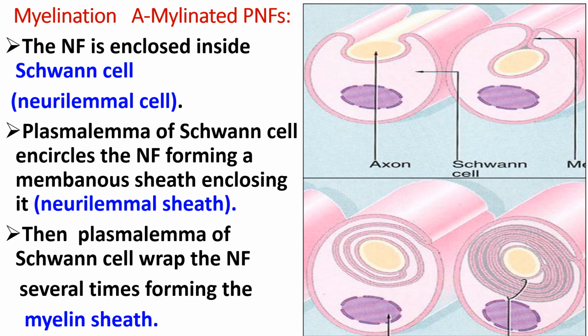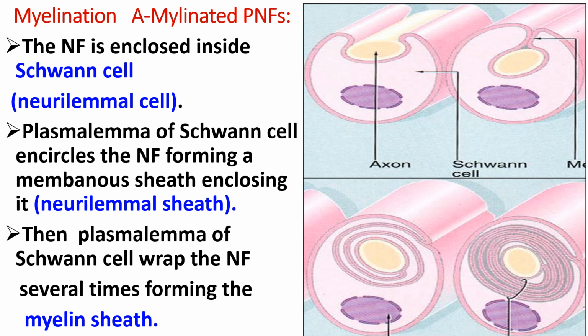So myelin sheath is formed by the layers of the plasma lemma of Schwann cell. It is Schwann cell plasma lemma, and the plasma lemma of Schwann cell is named neurilimbal sheath.